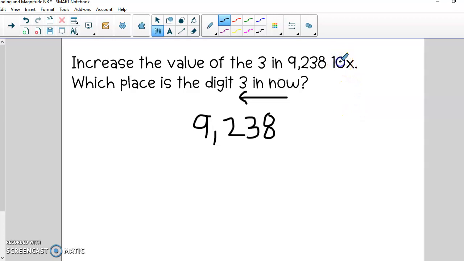If you said 1, it is 1. So what place is the digit 3 in now? So if we take our 3 and move 1 place to the left, it should be in the hundreds place. So you should write the word hundreds by example number 2.